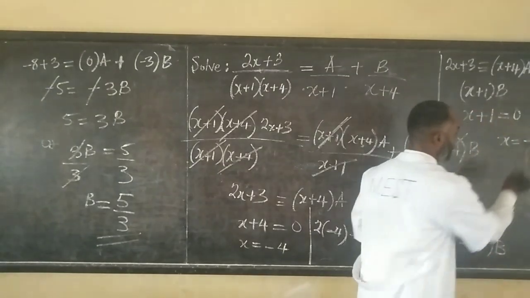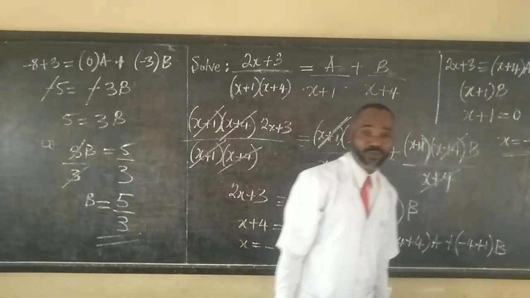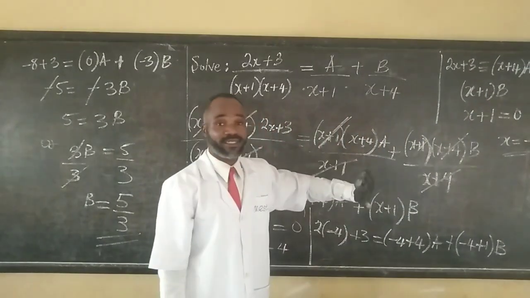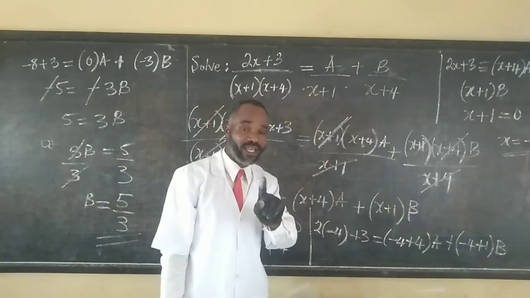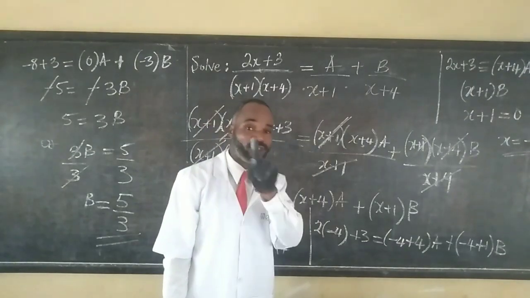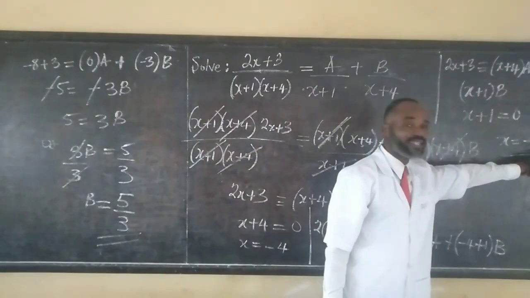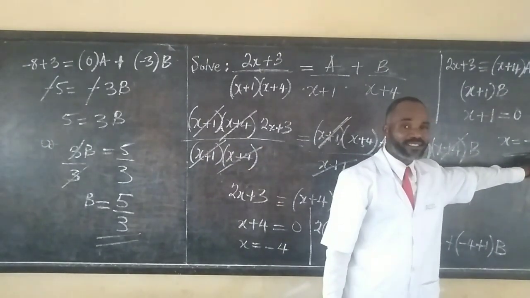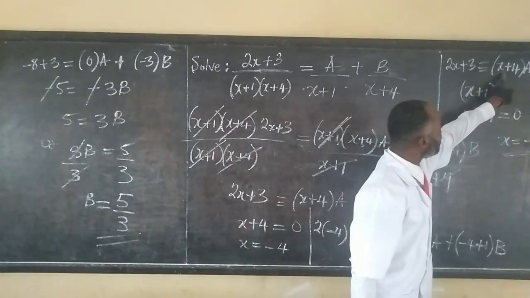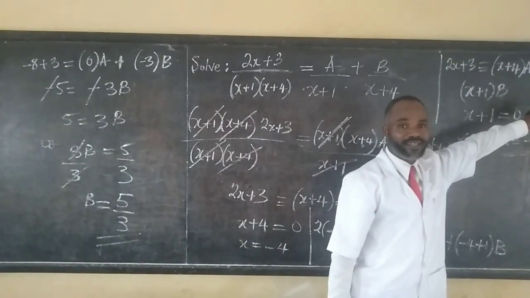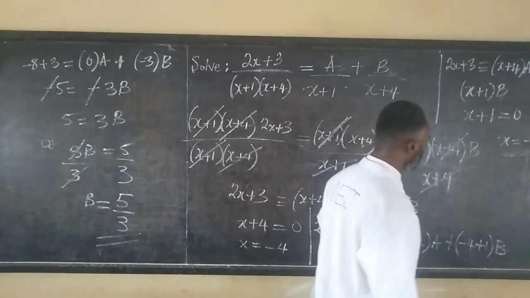So what do we do with this? It means going back to the equation, and anywhere we see x, we substitute it with minus 1. There is x here, there is x there, and there is also x there. So let's do that.